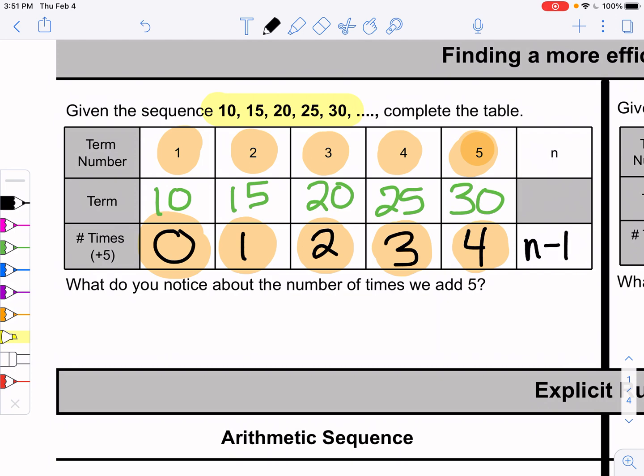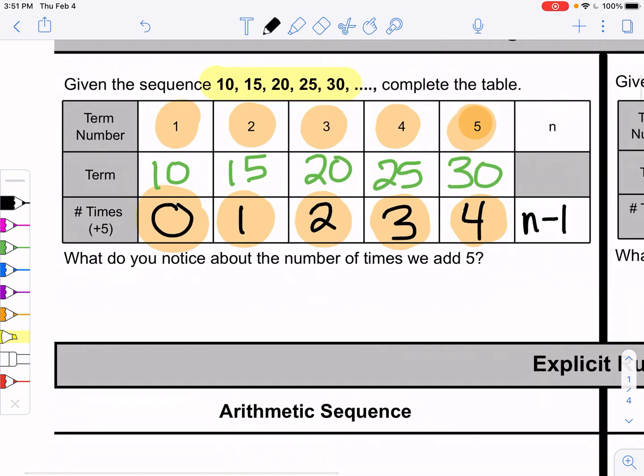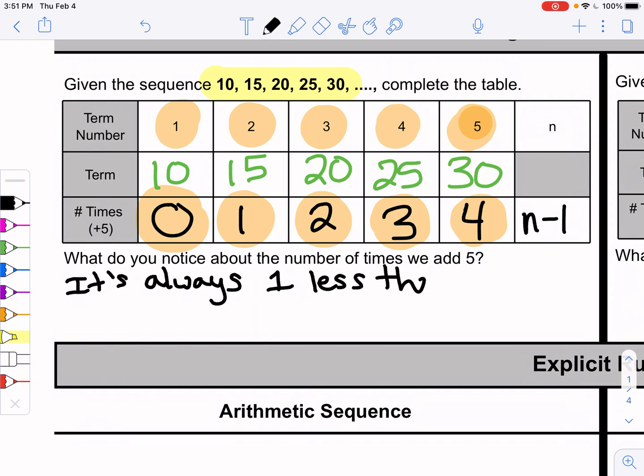We're adding 5 n minus 1 times. So what do you notice about the number of times we add 5? Well, it's always 1 less than the term number. So if I want the 100th term, I need to add 5 99 times.